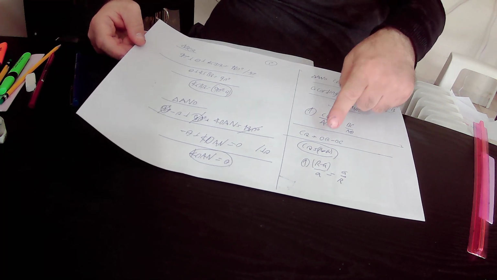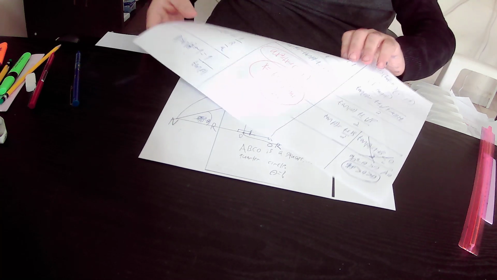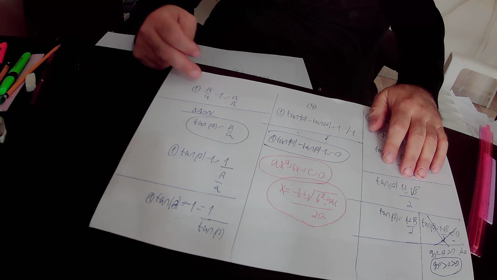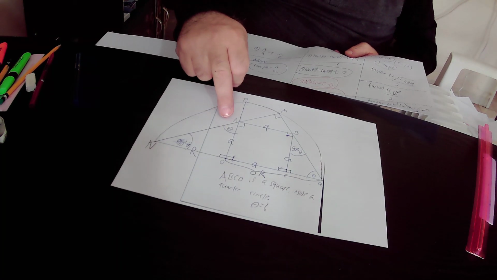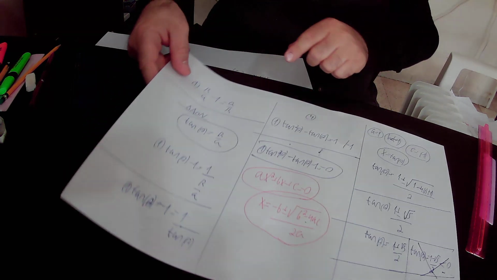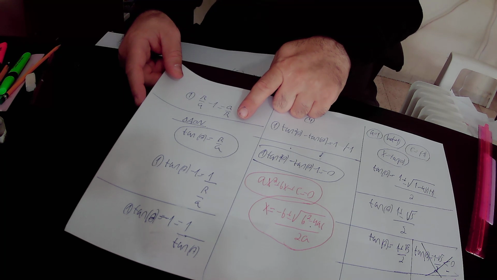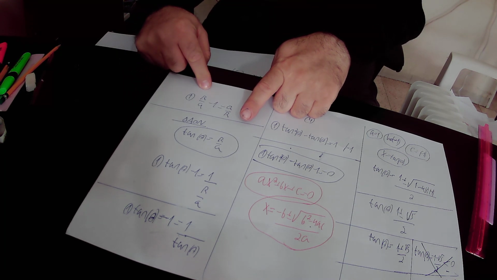Here we divided this expression into two expressions, and we got that according to equation number 1, R over A minus 1 equals A over R. In the right triangle AON, we know that tangent theta equals R over A. Therefore, we can substitute R over A in equation number 1 by tangent theta.